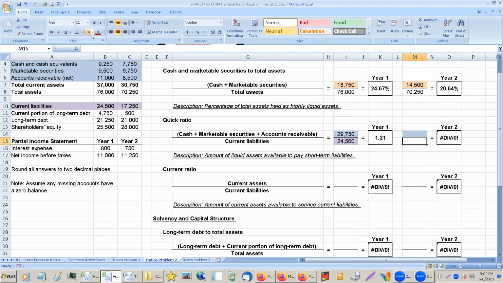And you'll notice in the second year, you can pay off more of them.